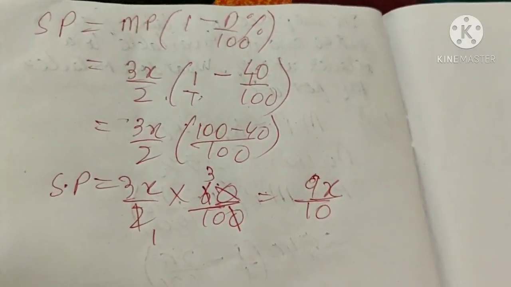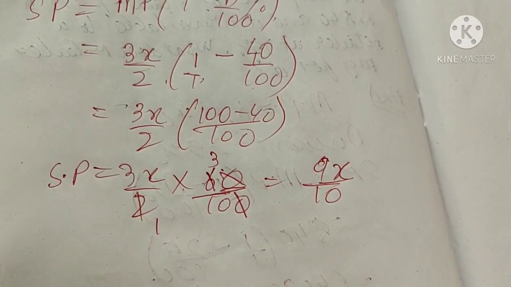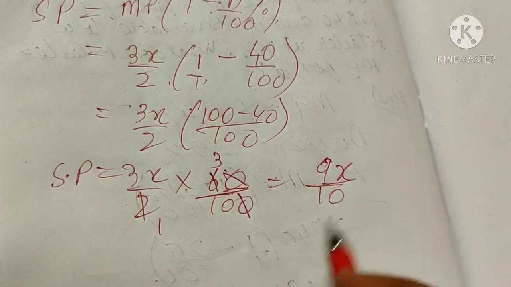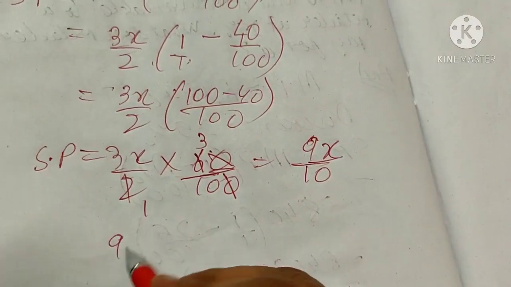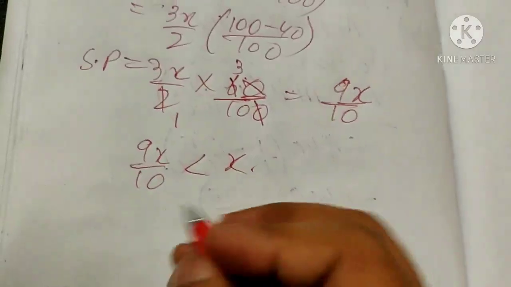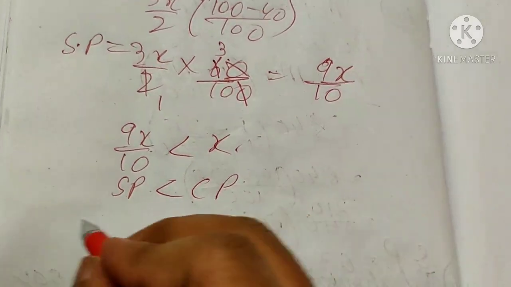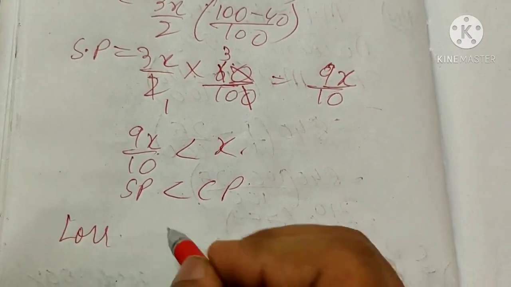So our CP was X and SP is 9x upon 10. 9x upon 10 is less than CP, means SP is less than CP. So there is loss.